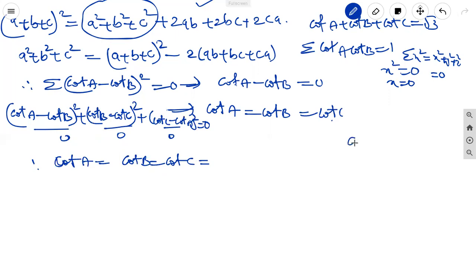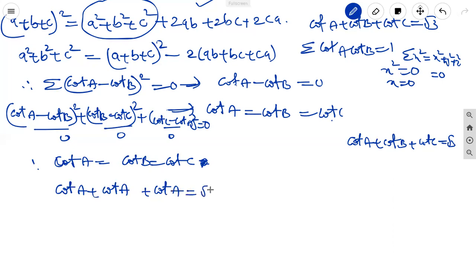Here, cot A plus cot B plus cot C is equal to root 3. If all of these are equal, it means cot A plus cot A plus cot A equal to root 3.